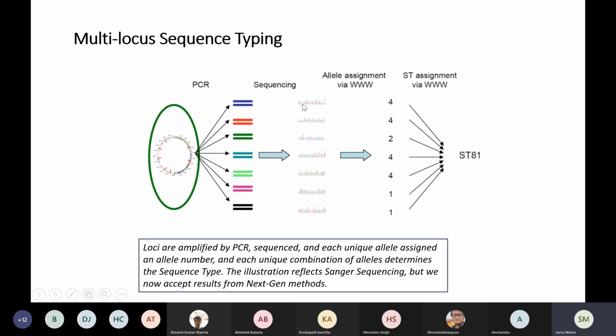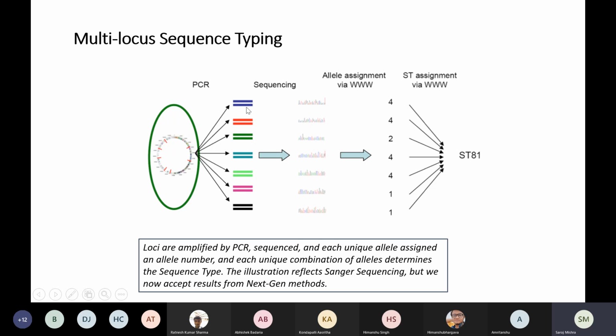You are going to sequence them and assign an allele via the World Wide Web. Once you have sequenced this particular locus, let's say it is part of the gene for tryptophan A, because among the different bacteria this shows considerable variability. I identify it as a target, sequence it, and see where it really belongs.